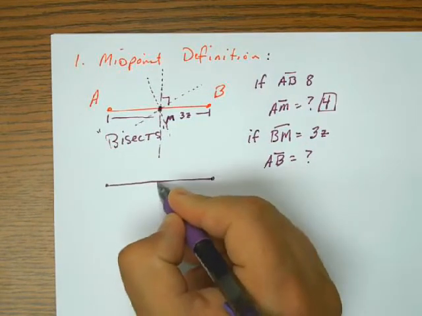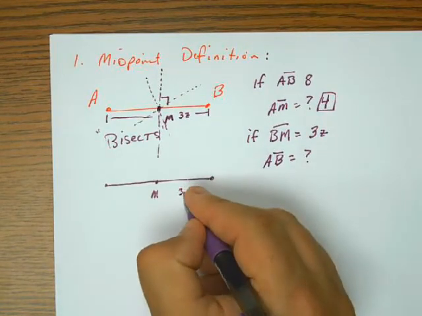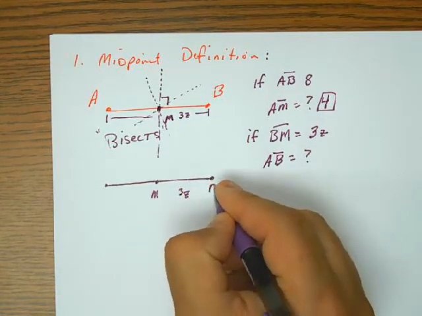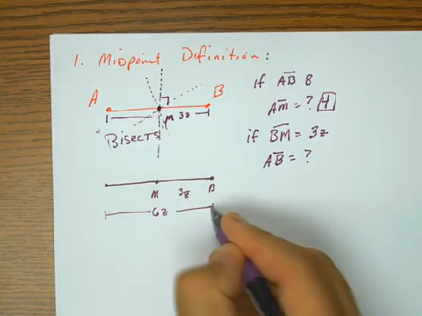I think I heard somebody say it. If that's 3Z, then the whole thing would have to be 6Z.